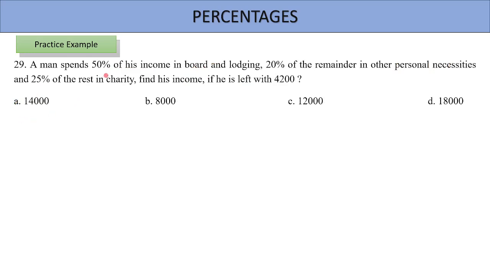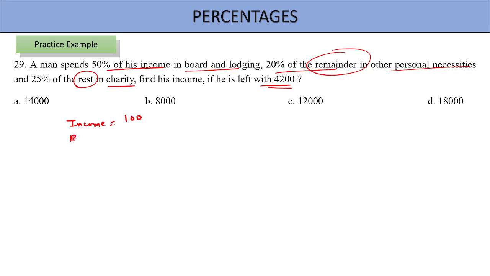Another good sum. A man spends 50% of his income in board and lodging, 20% of the remainder in personal necessities, and 25% of the rest in charity. Find his income if he is left with 4200. Okay, so let's say his income is 100 rupees.